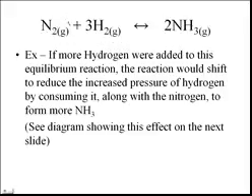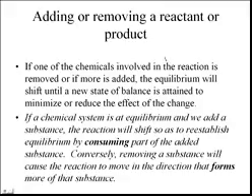Okay, same thing with the products. If we throw some more ammonia into the container, the reaction is going to shift to the left to use up that ammonia that we've added. If we take some of that ammonia away, the reaction is going to want to make more of that, so it's going to shift to the right to balance that out. Okay?